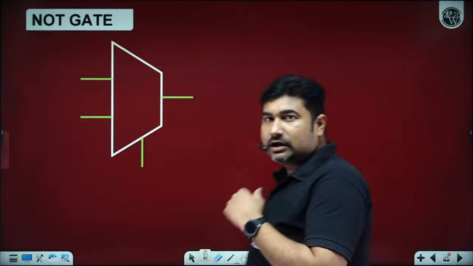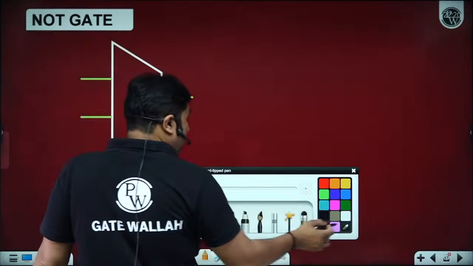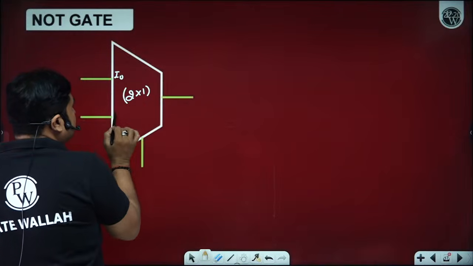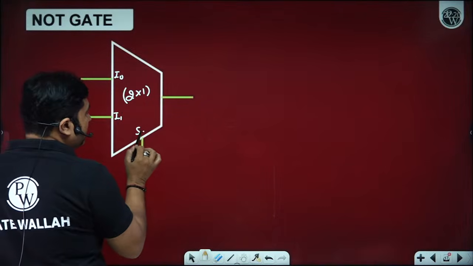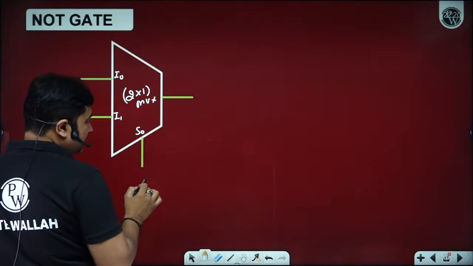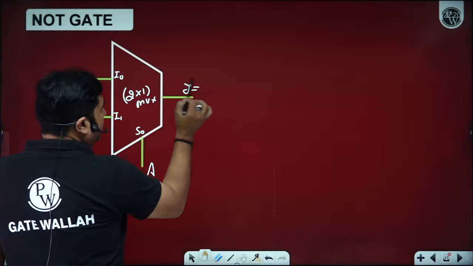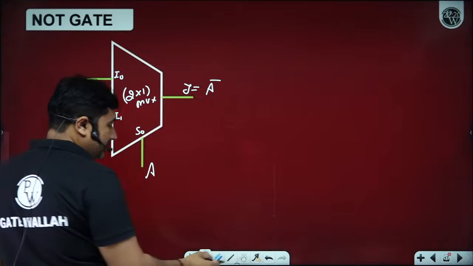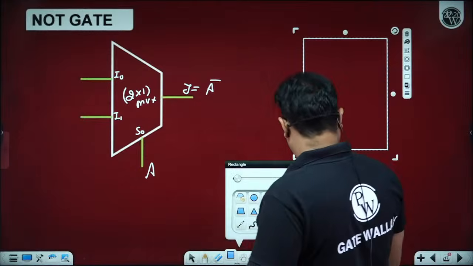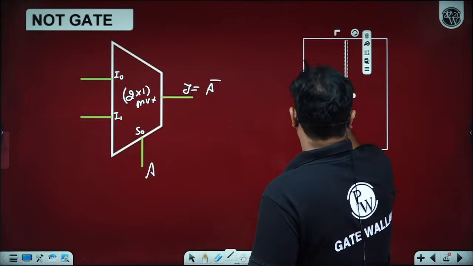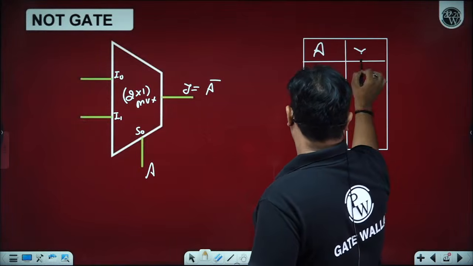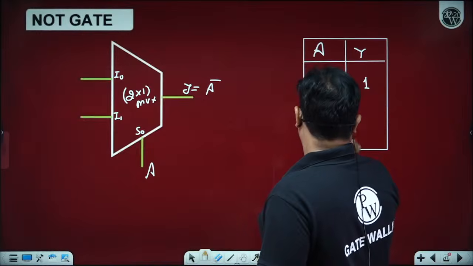Can you implement a NOT gate by using a 2 cross 1 size multiplexer? How many 2 cross 1 size multiplexers are needed to implement a NOT gate function? We want the NOT gate function. We all know the truth table of the NOT gate: we have an input A and the output Y. For 0 we get 1 and for 1 we get 0.